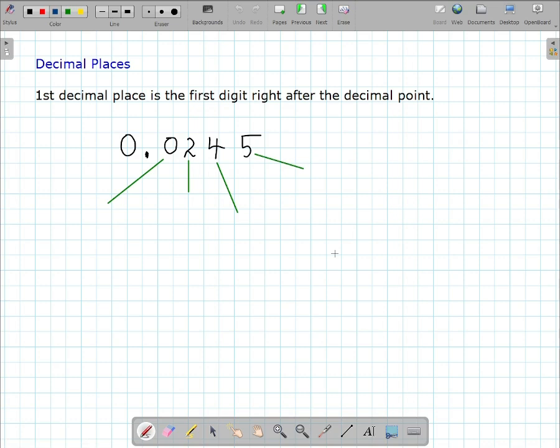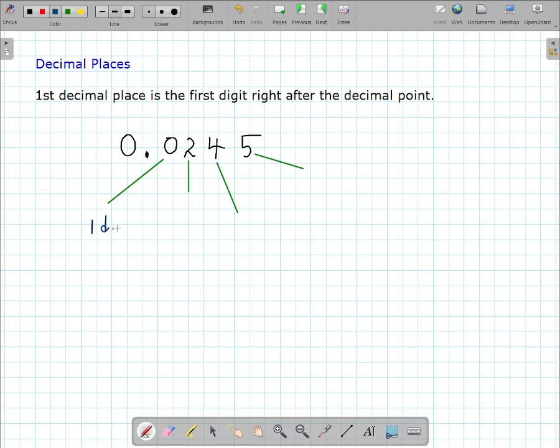Next, we are going to learn decimal places. The first decimal place is the first digit right after the decimal point. So it is 0.0245. This is the first decimal place, this is second, this is third, this is fourth.